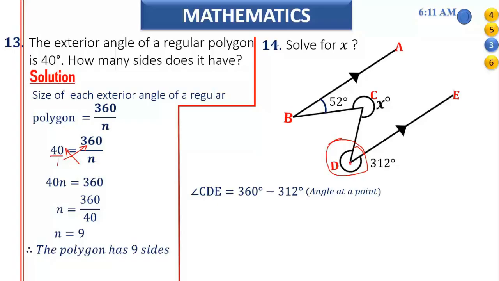The sum of angles at a point is 360 degrees. So this angle plus this angle will give you 360 degrees. That's why we remove this from 360 to get 312.